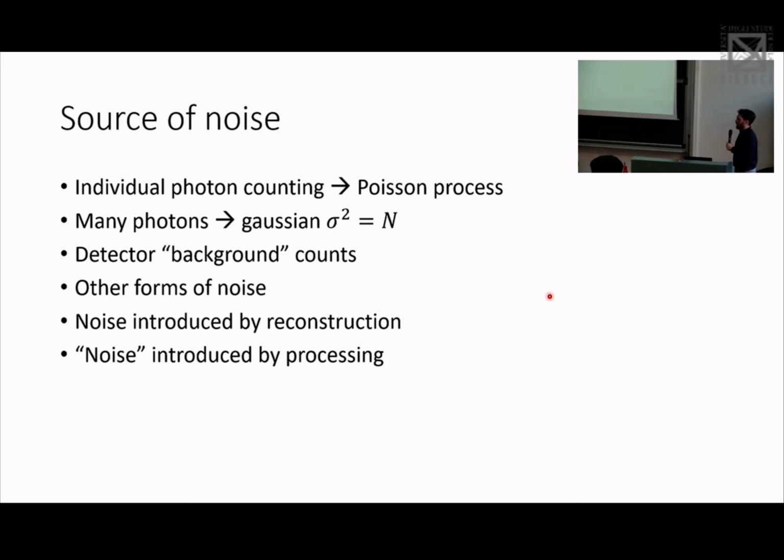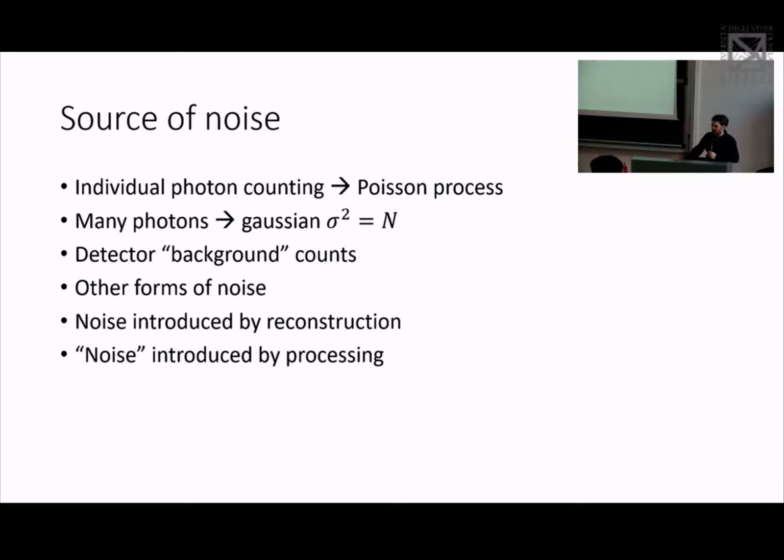The noise can come from lots of different places. The most common one is the fact that we count individual photons. Whether you are taking a picture, especially at night with your camera, or taking an X-ray, you limit the number of photons that you shoot because they're dangerous, and so this results in noise.